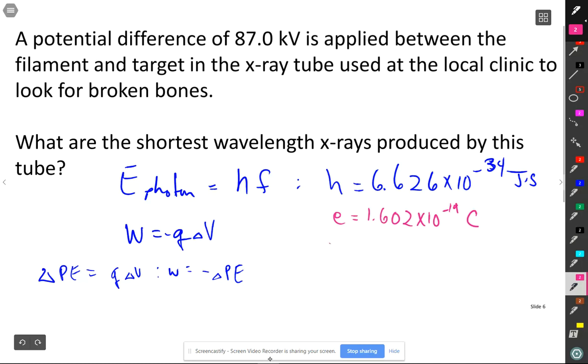And just for grins, 1 volt equals 1 joule per coulomb. We have an answer now that's more in the ballpark of 10 to the 14 to 16, somewhere in that kind of ballpark.